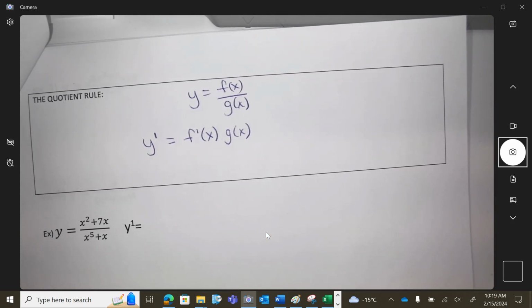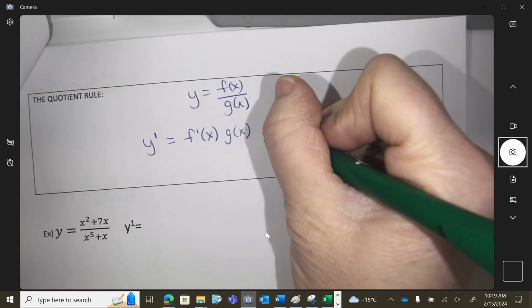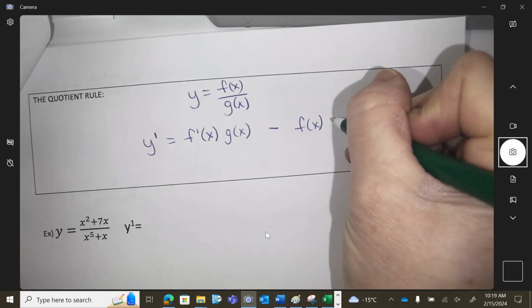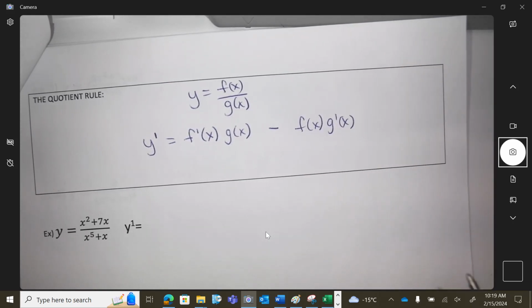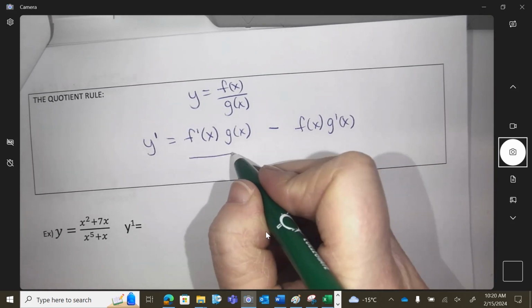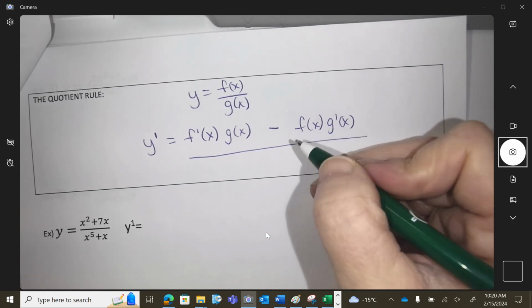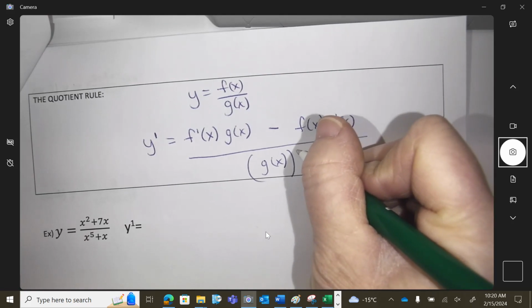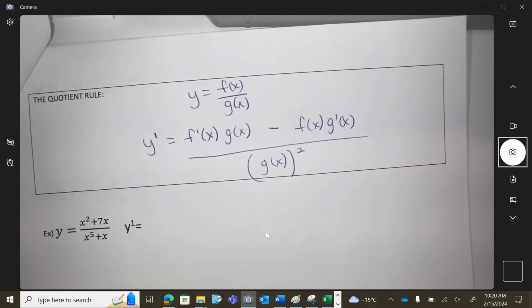What do you think we're going to do instead of add? Subtract. Keep, derive. That's a similar process. And now there's something different. You're going to divide by this function squared. The original function squared.